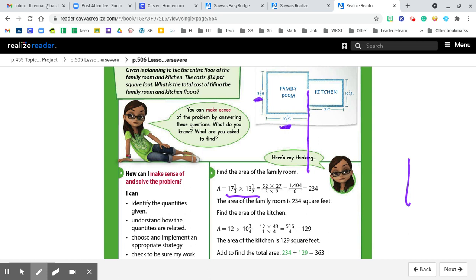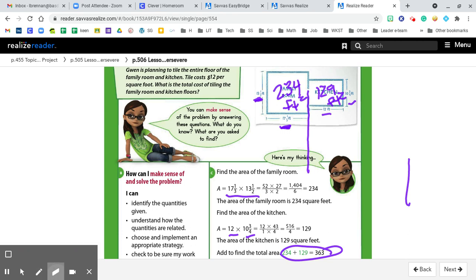We multiply all that out, we get 234 square feet. And the kitchen will be 12 times 10 and 3/4. When you multiply all that out, you get 129 square feet, and you add them together to get 363 square feet.